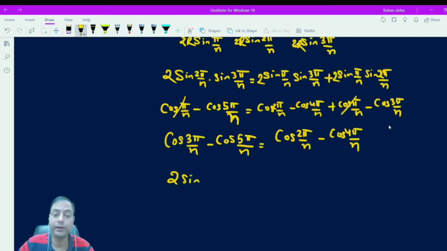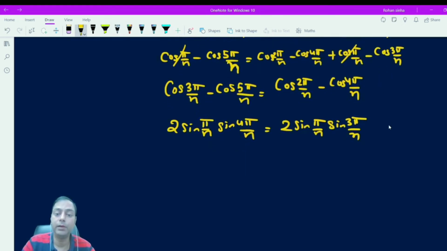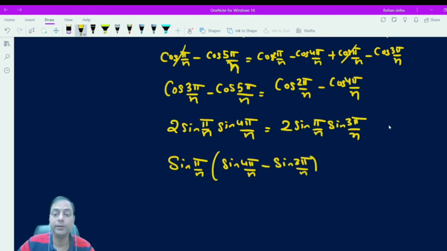So this is 2 sin pi by n into sin 4 pi by n. And again, this is 2 sin pi by n into sin 3 pi by n. 2 and 2 will cancel out, taking sin pi by n common, sin 4 pi by n minus sin 3 pi by n is equal to 0.